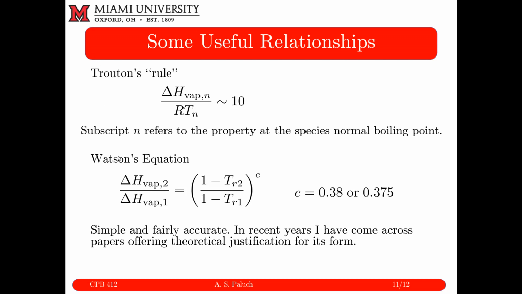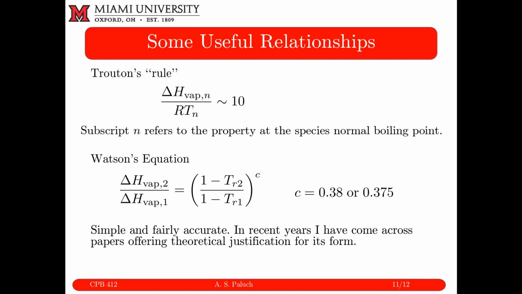And so this does incredibly well in correlating enthalpy of vaporization from the critical point all the way down to the triple point, and works really well in predictive mode if I have one reference value.